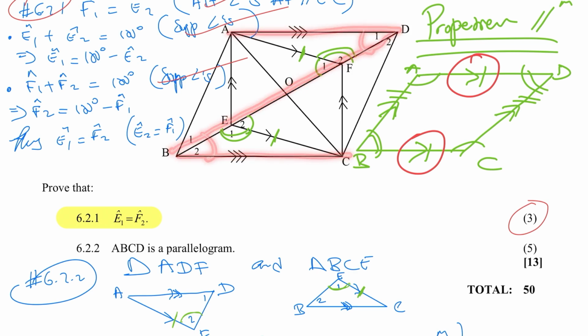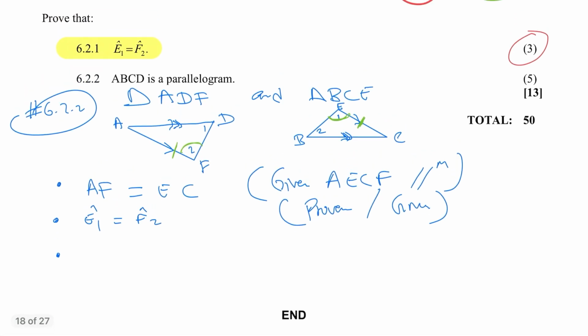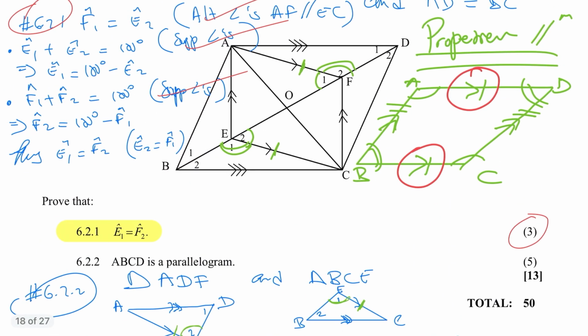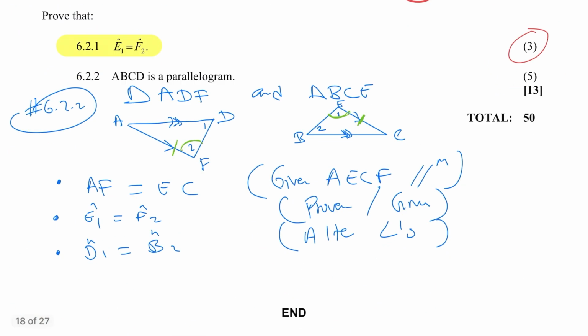D1 is equal to B2, alternate angles. Easy. You just have to be careful with it. Angle D1 is equal to angle B2, and your answer is alternate angles.